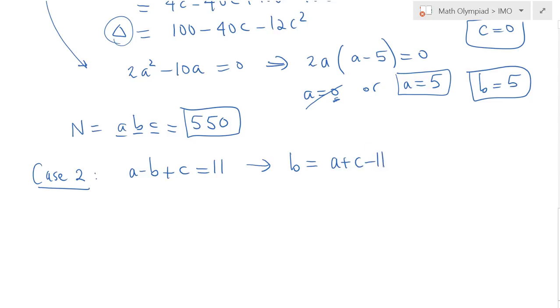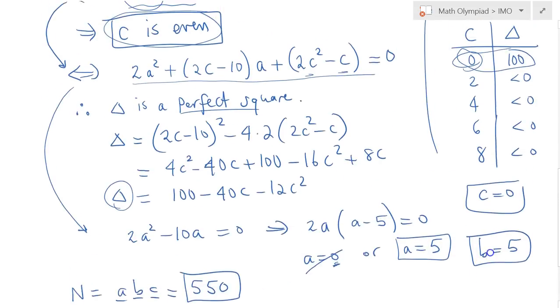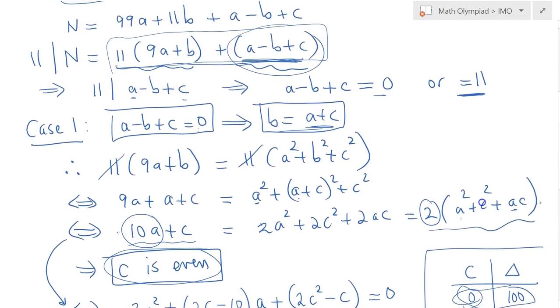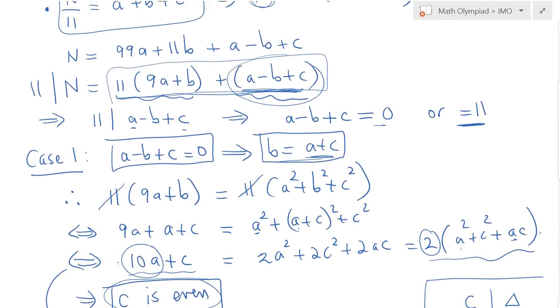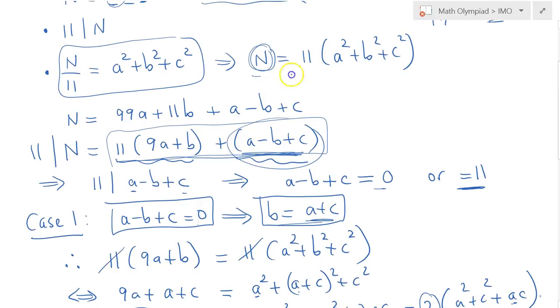I'll just go ahead and substitute this information. So therefore, like we did in the previous case, I'm making use of this one, N, which is equal to this whole thing. Obviously the second part is equal to 11, so 11 times this expression plus 11, and I will also have 11 times the expression.